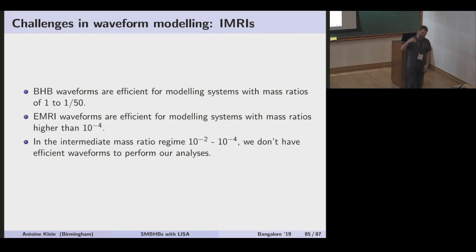So if you want to get to 10 to the minus 3 and go to third order, I don't think that's really a reasonable thing to expect. I might be wrong. So we need new ideas for IMRIs because we don't have anything there.